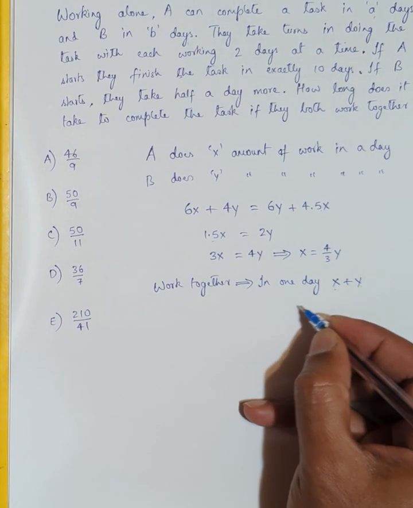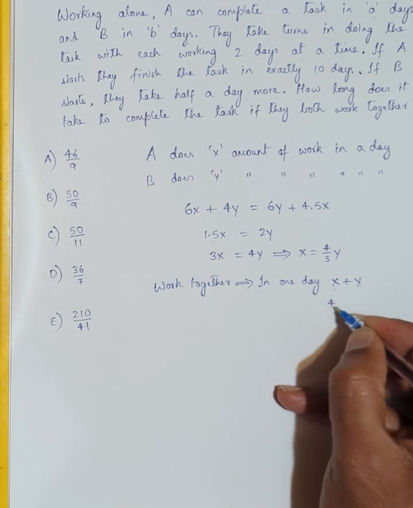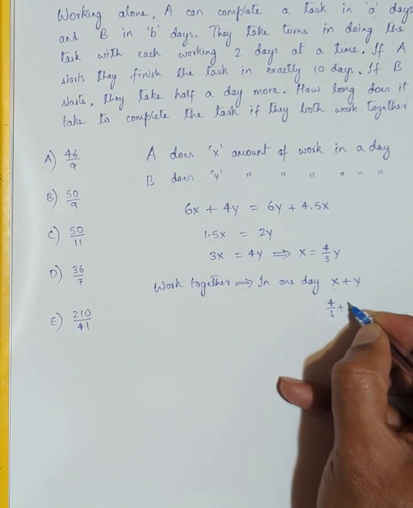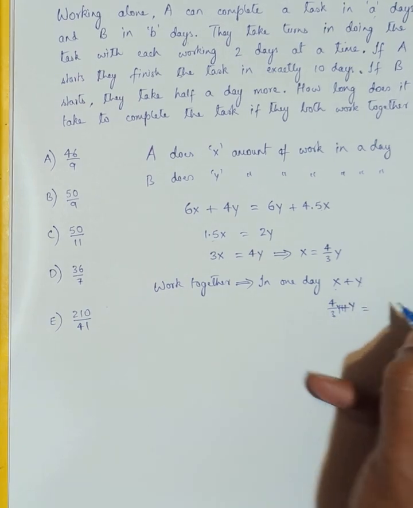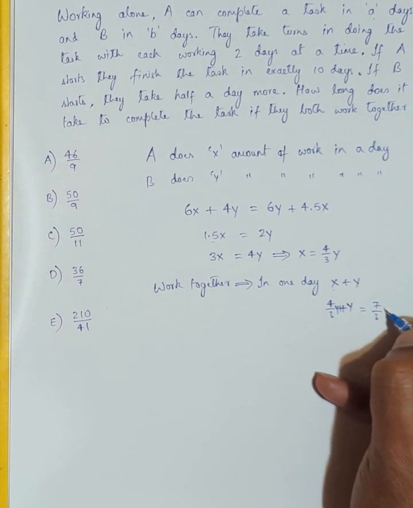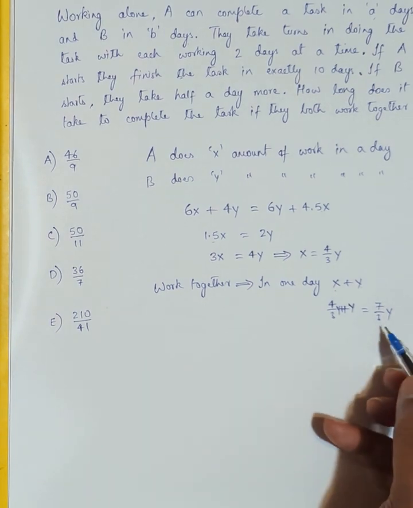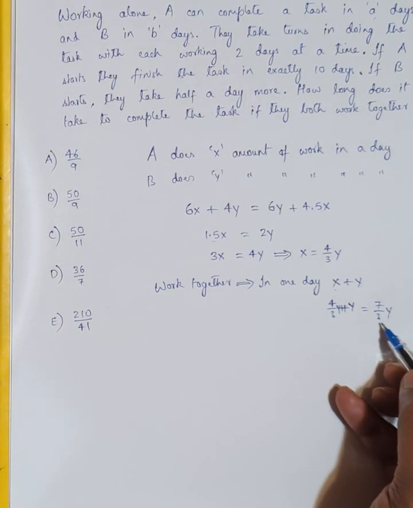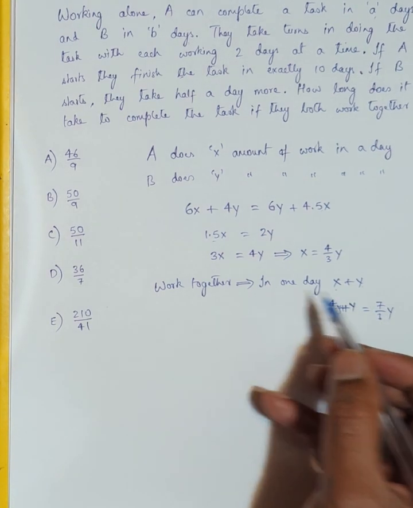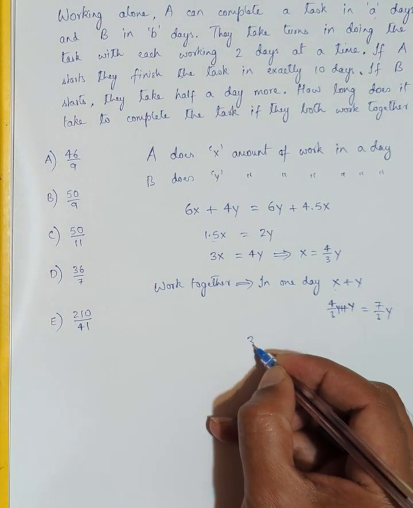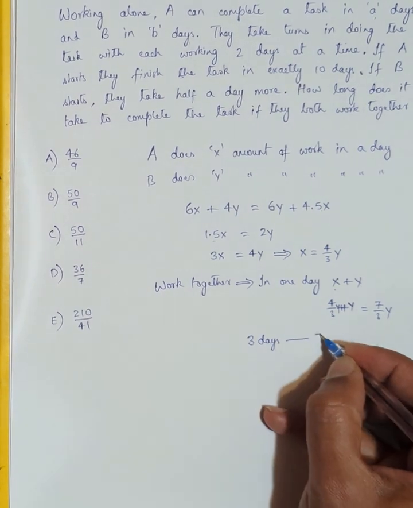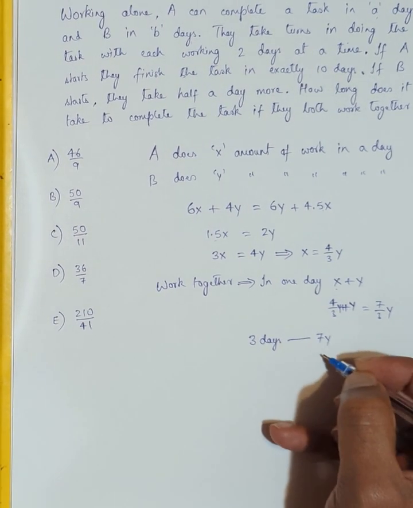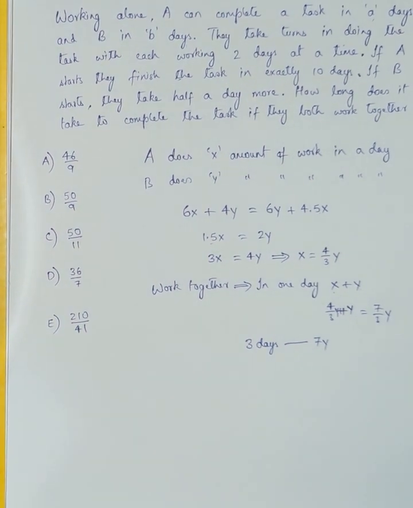So in a day, they are going to finish 4/3 y plus y, which is 7/3 y of the work. Now, there is a fraction, so we don't like that. If in one day it's 7/3 y, in 3 days they will finish 7y amount of work.